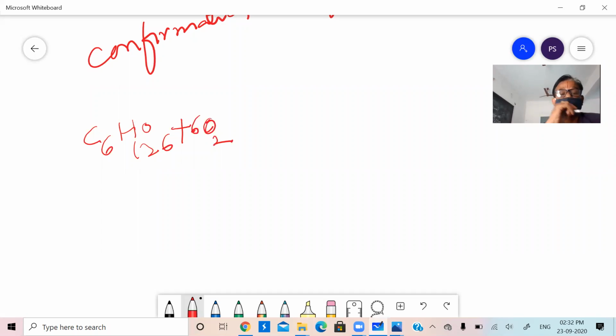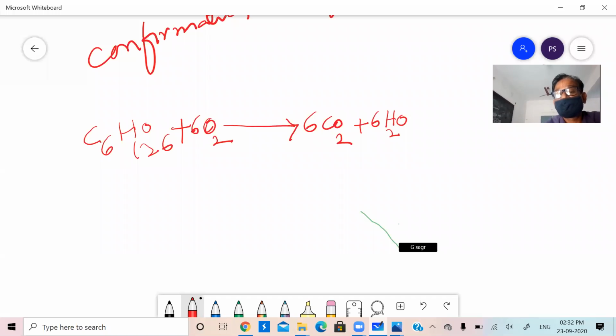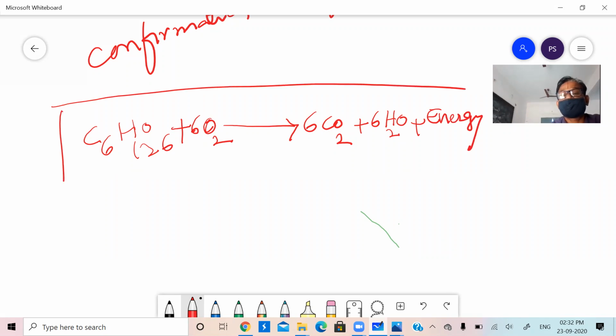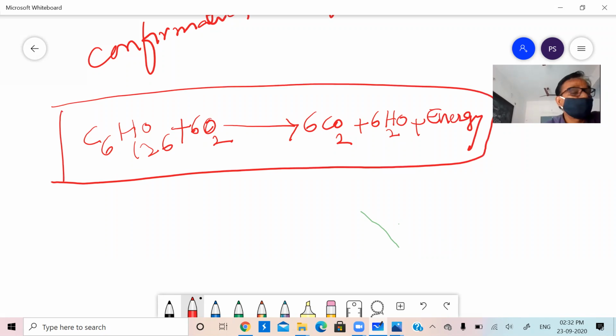This is aerobic respiration, and it gives carbon dioxide plus water plus energy. So this is the equation form of respiration.